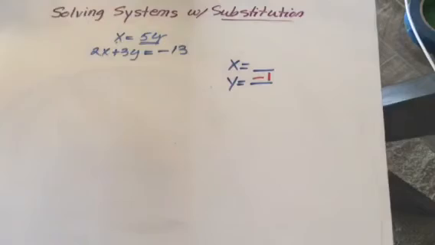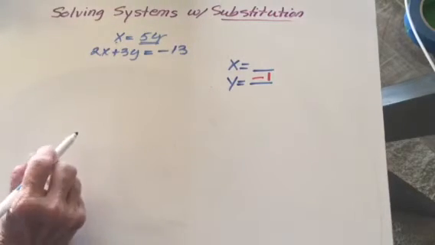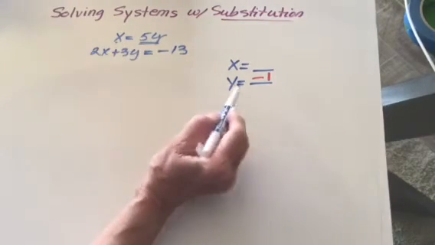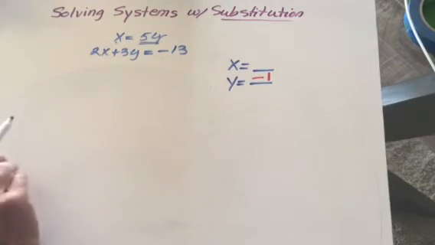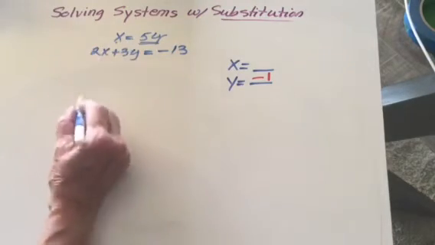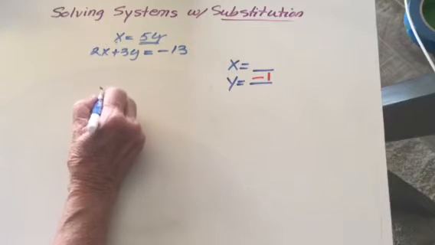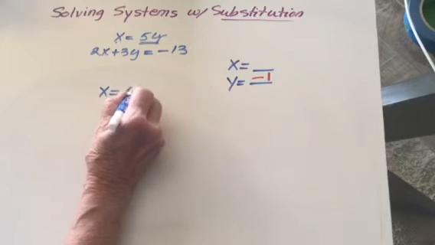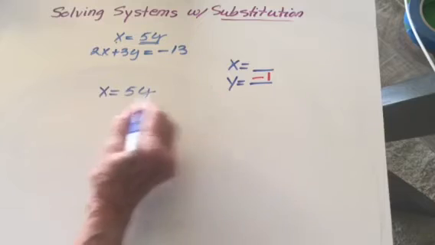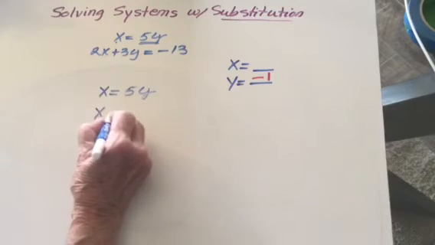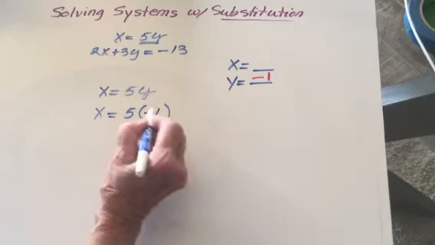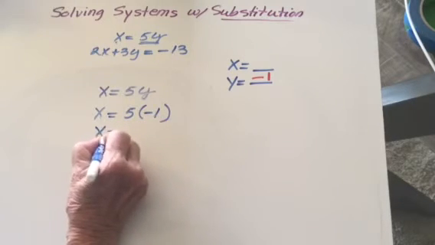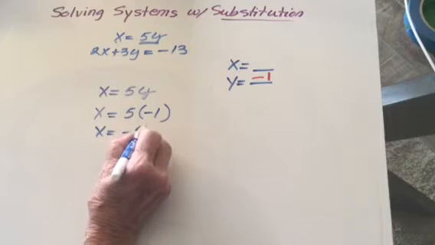If y equals negative 1, I can take this negative 1 and put it in either one of these equations. Do you know which one I'm going to choose? The easiest one. x equals 5y. Well, what does y equal? Negative 1. So x equals 5 times negative 1, which equals x equals negative 5.